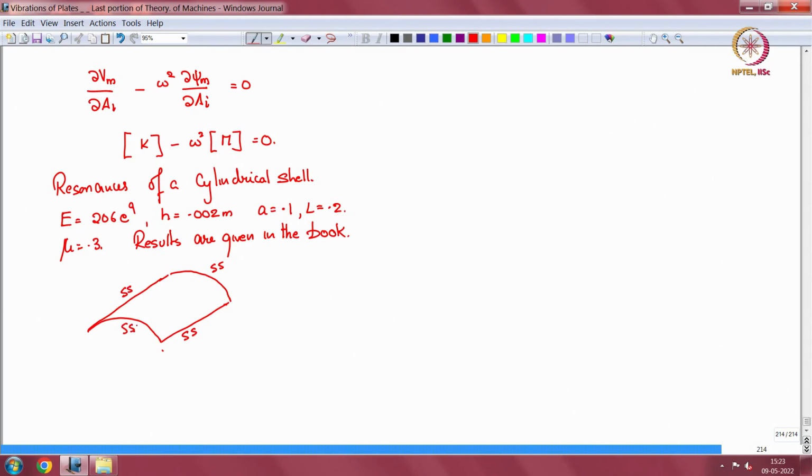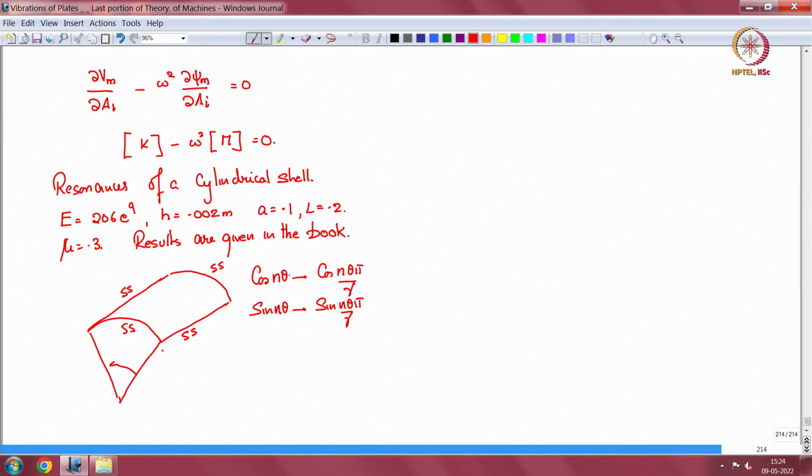If you are faced with this, instead of cos n theta in the earlier mode shapes, you put in cos n theta pi by gamma, and instead of sin n theta you put in sin n theta pi by gamma, where this angle is gamma.